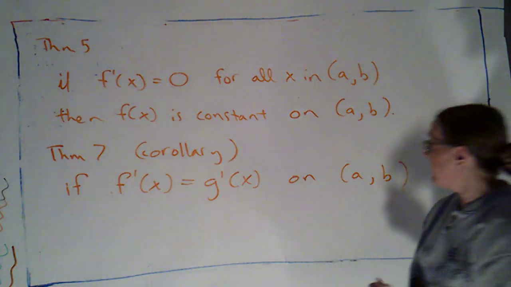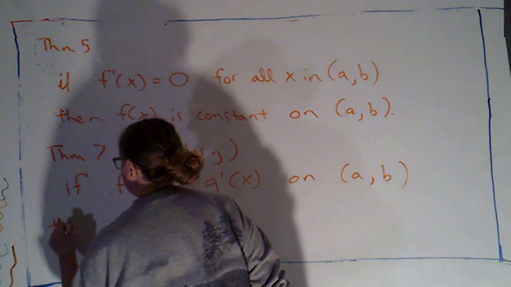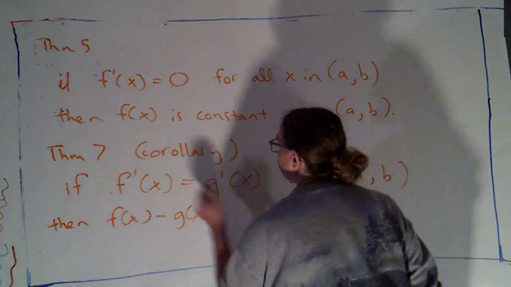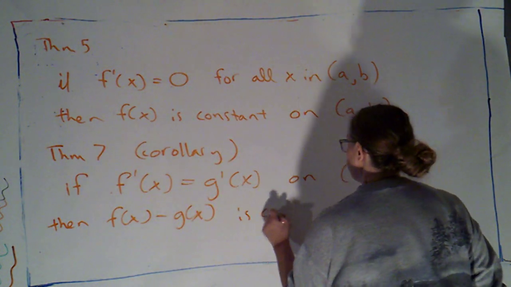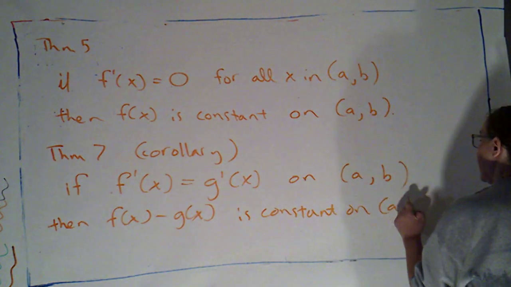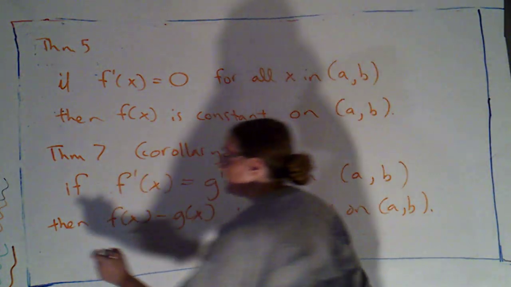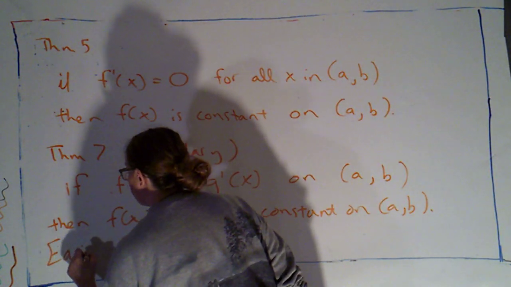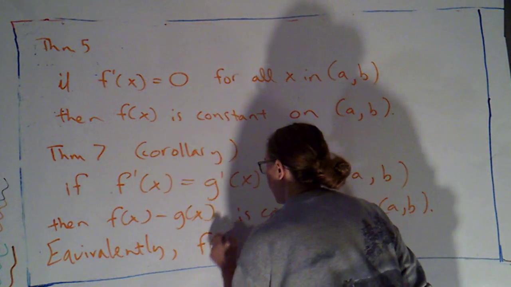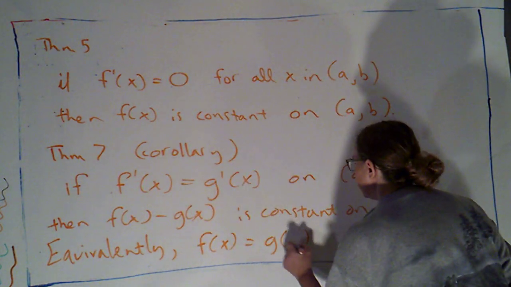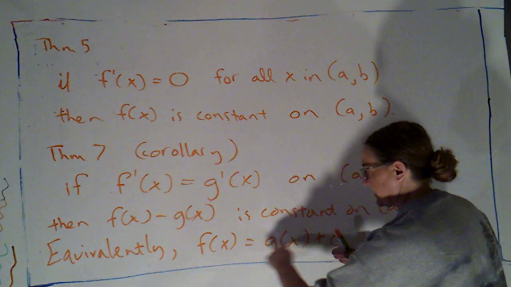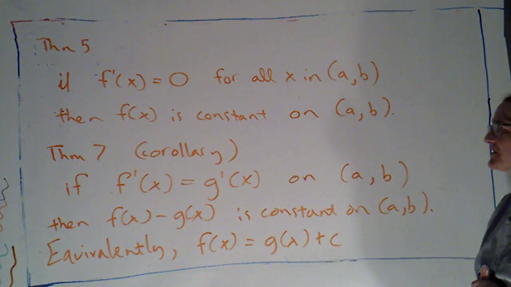So they're saying that then f of x minus g of x is constant on the interval from a to b. Or an equivalent way of saying that is that f of x is equal to g of x plus some constant. That way, if I subtracted over the g of x, I'd get that the difference was constant.